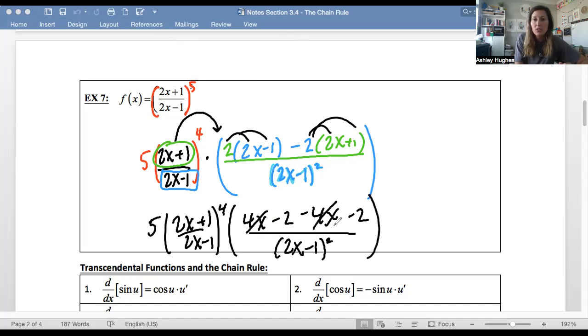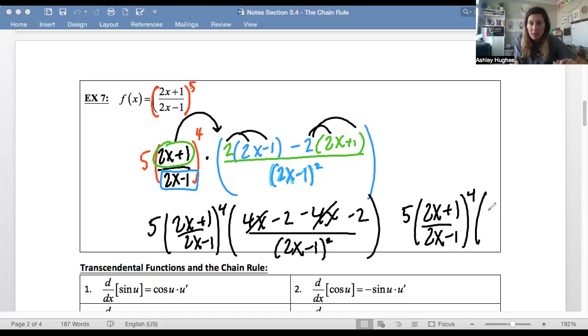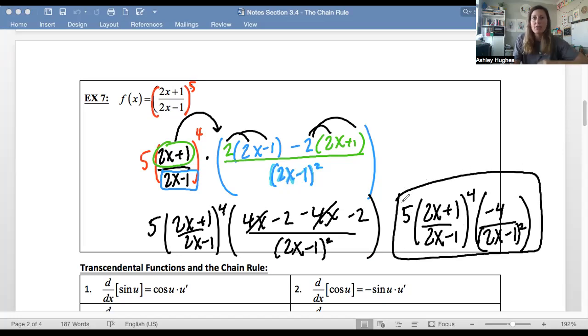The 4x's cancel, I'm left with negative 4 there. So I have 5, 2x plus 1 over 2x minus 1, the fourth, and then on top I have negative 4 over 2x minus 1 quantity squared. You could multiply this 5 and negative 4 and say negative 20. You could also separate this to the fourth and make that to the sixth on the bottom. I understand and would accept any of those answers.